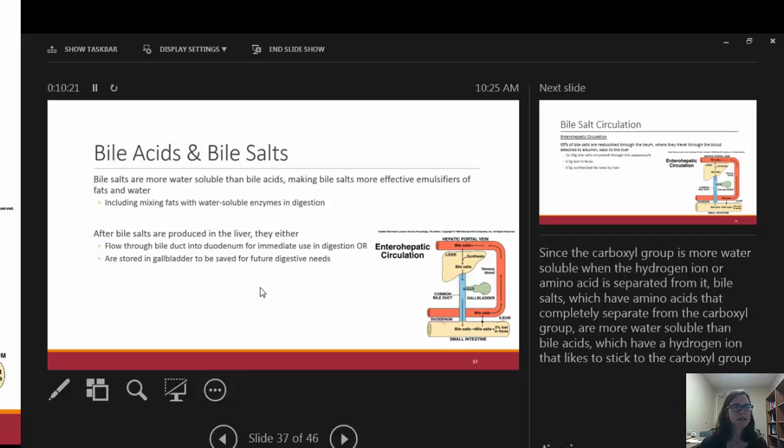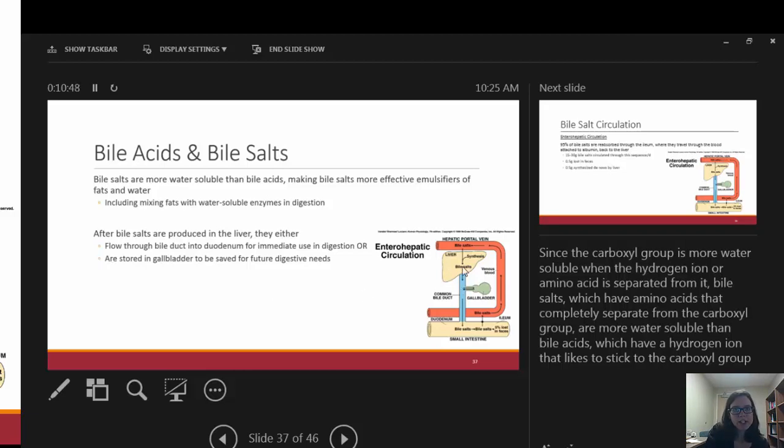So because bile salts are more water soluble, they are a more effective emulsifier of fats in a water solution. And therefore, they're more effective at mixing fats with the water-soluble enzymes in digestion. And we know this because we see the bile salts are primarily used for micelle formation.